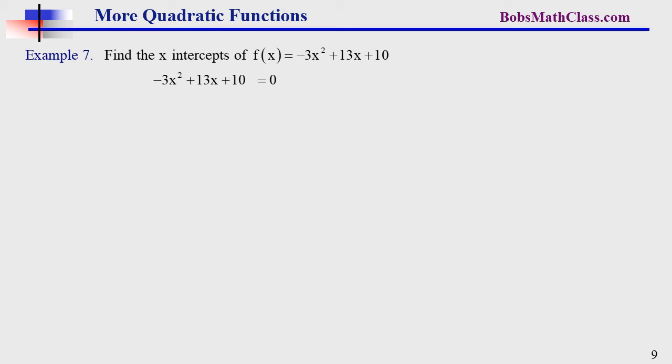That's what I'm going to do here, multiply both sides by negative 1, which is legal. As long as you don't multiply both sides by 0, that's the only thing we can't do. But multiplying both sides by any other number is legal. So this will get rid of the negative in front of the x squared.